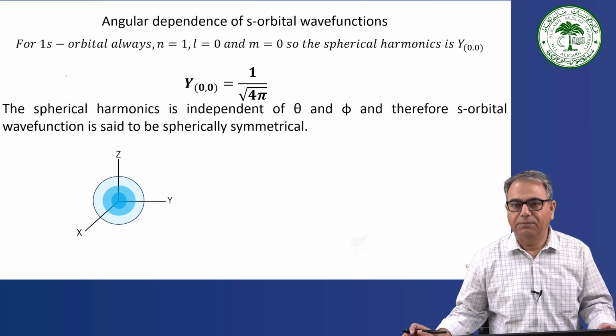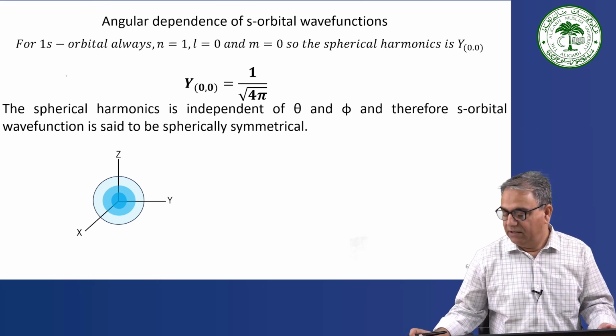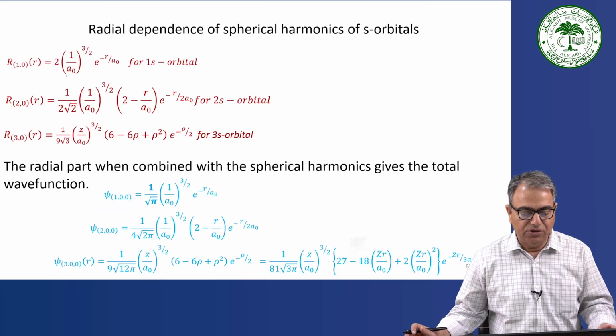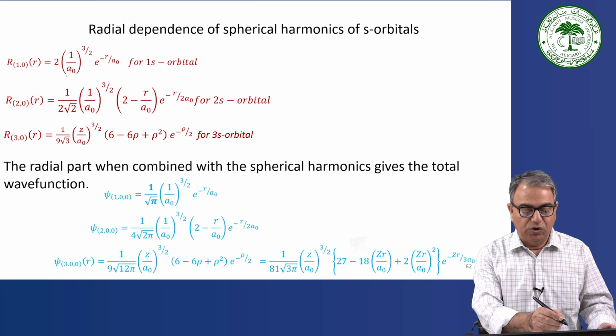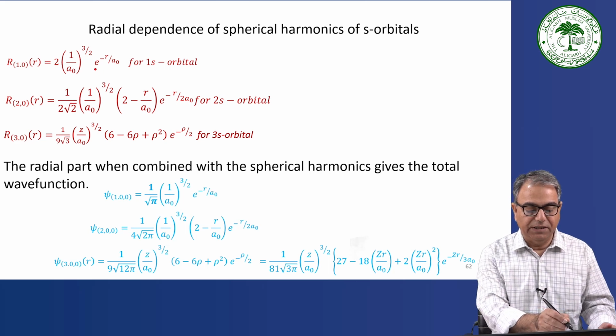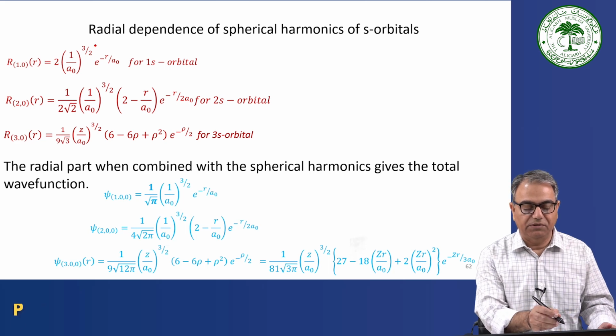Up to this we did, and then if you look at the radial part of the wave functions, which I did earlier also, for a 1s orbital you have exponential minus r divided by a naught as the only part, except some constant, that is 2 multiplied by 1 over a naught to the power 3 by 2.